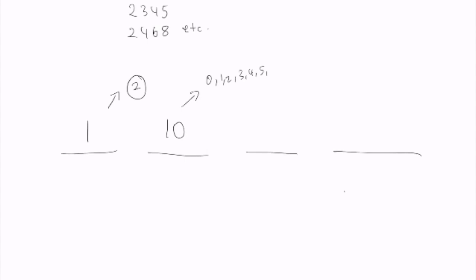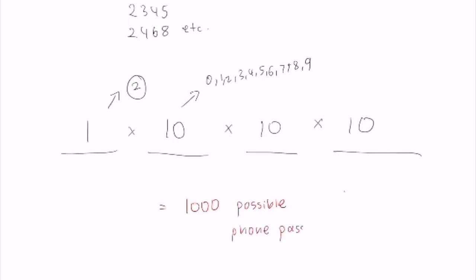However, there are no restrictions to the other 3 numbers left in the password. Therefore, there are 10 possibilities in the second, third, and fourth slot, as it can be numbers ranging from 0 to 9. Therefore, if we multiply these together, then there are 1,000 possible combinations that could be Mr. Ewing's phone password.